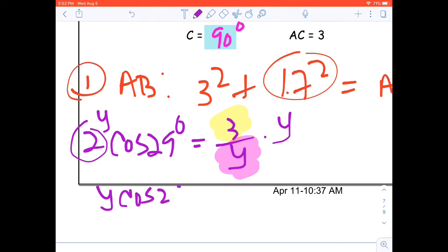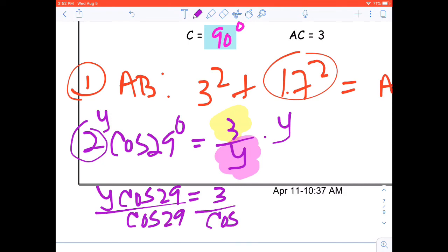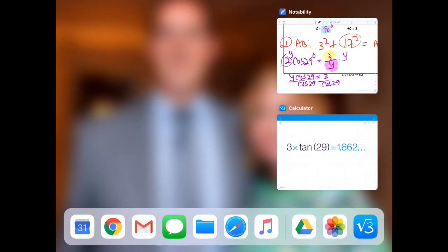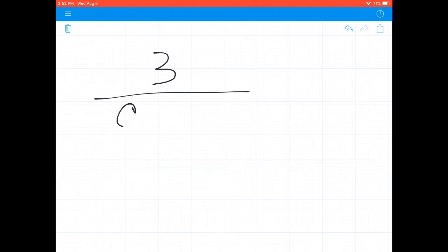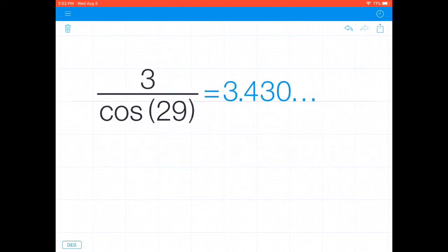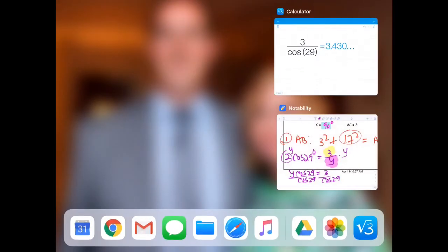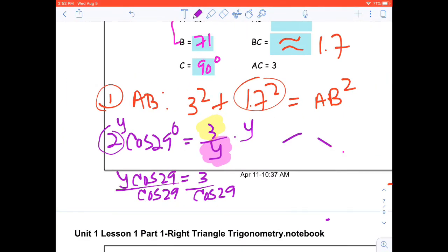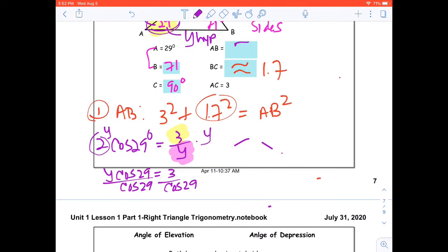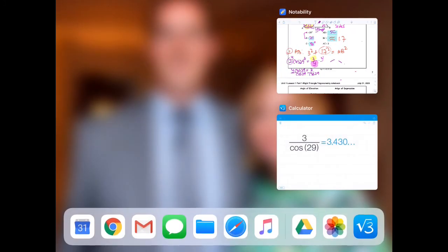So I have y cosine of 29 equals 3, and now we're going to divide by the cosine of 29. So I have 3 divided by the cosine of 29. That gives me 3.4, and that answer should make sense. It should be the largest of all the sides. So this was approximately 3.4.